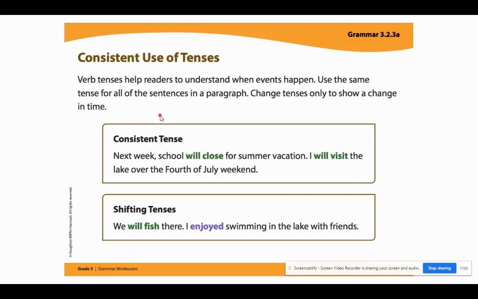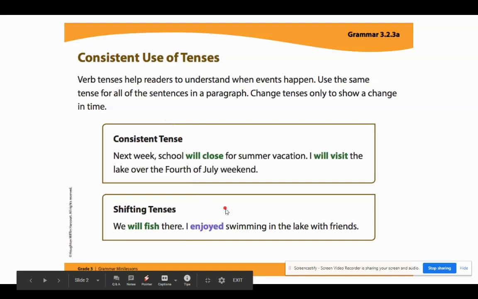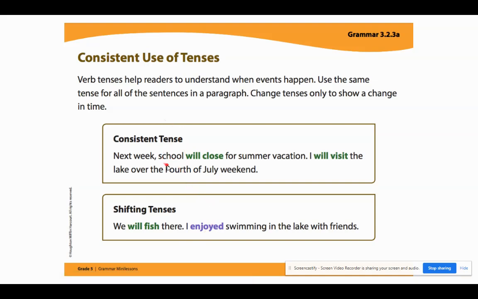And you should only be changing tenses to show a change in time. So when you're using past, present, or future tense, you need to be consistent. If we're using consistent tense to show the same time or the same event in a period of time, you need to keep it the same.